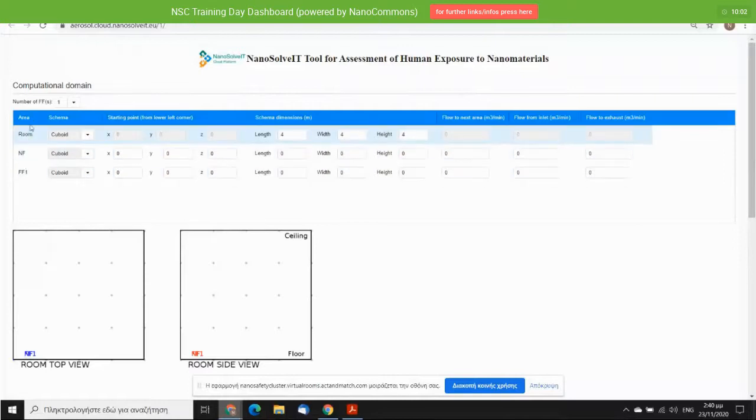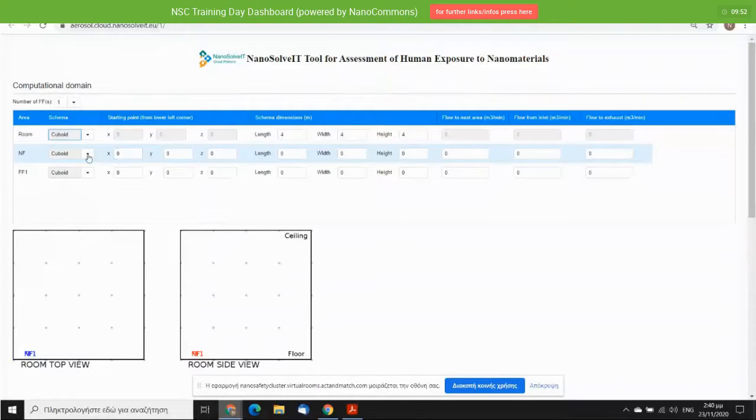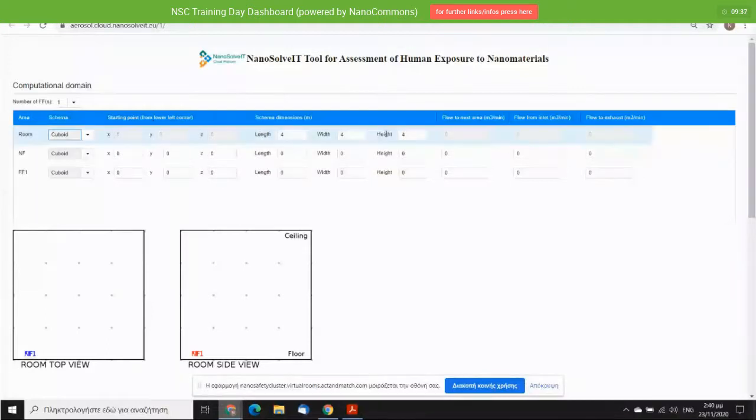So here we can see the areas, the schemas, which can be cuboid or cylindrical. Here is the starting point, which, if we use cuboid areas, is the lower left corner, but if we use cylindrical, it's the center of the circle. Here we define the schema dimensions, which are actually the dimensions of the area.